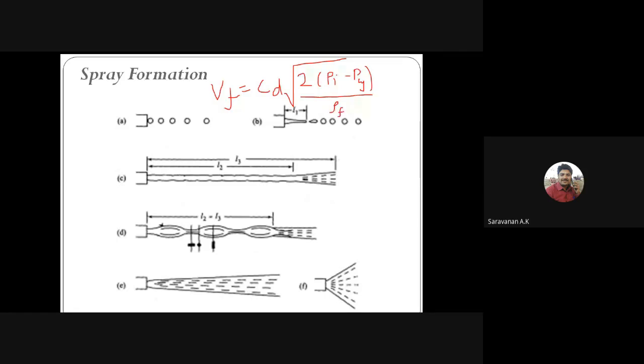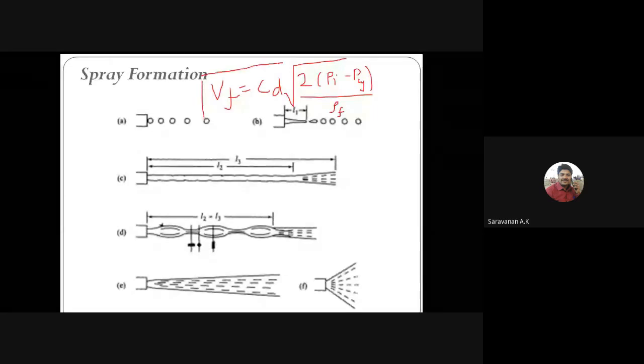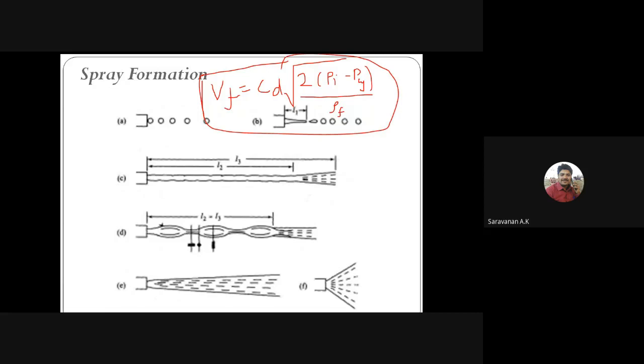So the velocity is calculated by this formula. That is, the pressure difference between injection pressure and cylinder pressure.